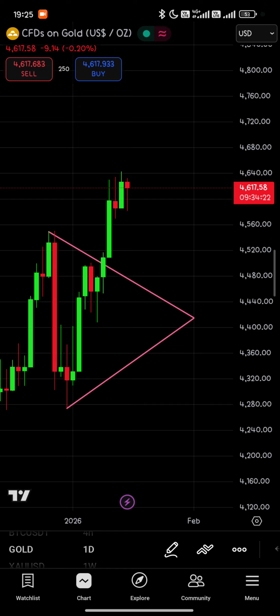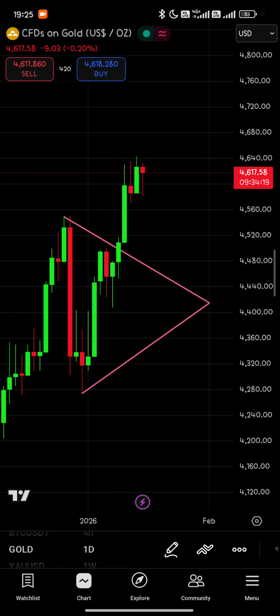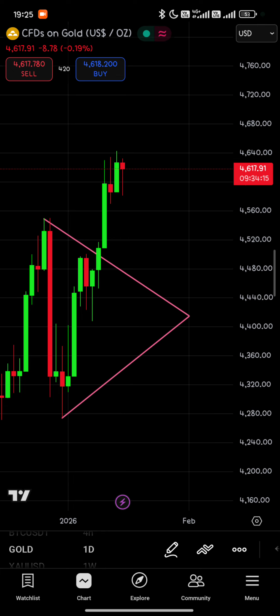Okay, so first things first, we're going to be starting on the daily time frame, or the daily candle, because we need to be able to analyze all time frames and understand the alignment between each time frame.